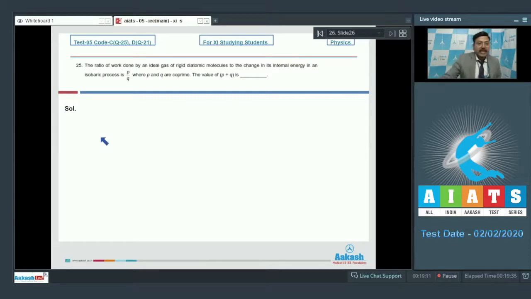We know that delta Q for this process is n Cp delta T, which we can write as n into, for a diatomic molecule, Cp is 7R by 2. So it is 7R by 2 delta T, and by the first law of thermodynamics it is also equal to n Cv delta T plus work done.